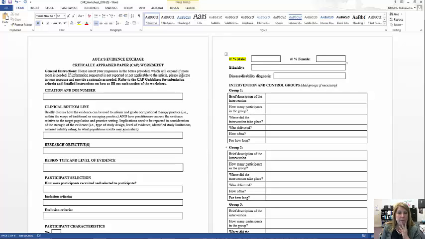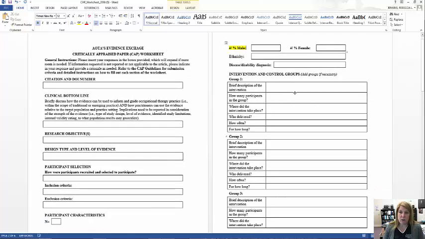So let's make a deal here that we will do the clinical question in the clinical bottom line box. Just put a statement in there. The clinical question was, how effective are time management and stress management interventions to OTA students? Let's put that in the clinical bottom line box. That way I can determine whether your interventions relate to that. And that'll help you also stay a little focused.